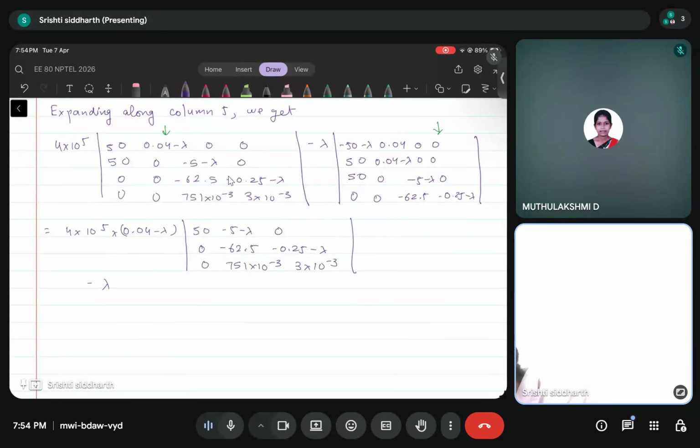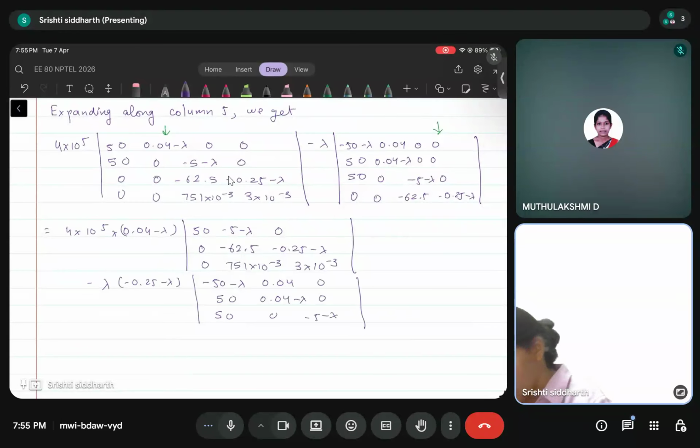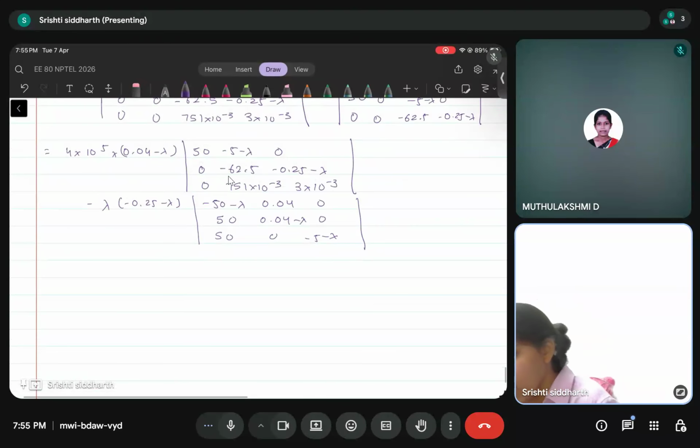This is a 4 by 4 matrix, right? So this is times minus 0.25 minus lambda. We can now expand along this first column and the last term.